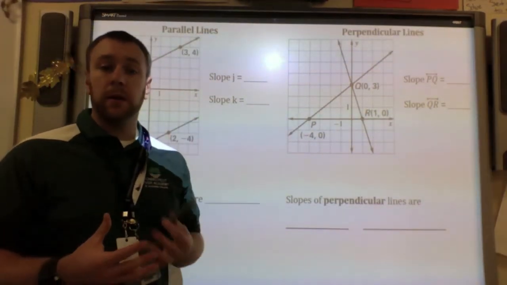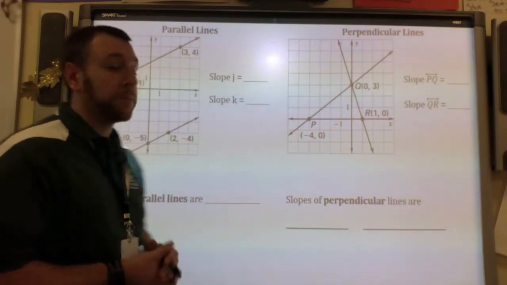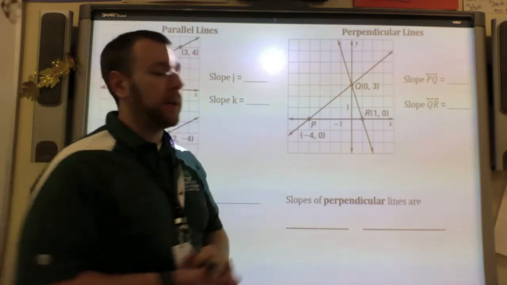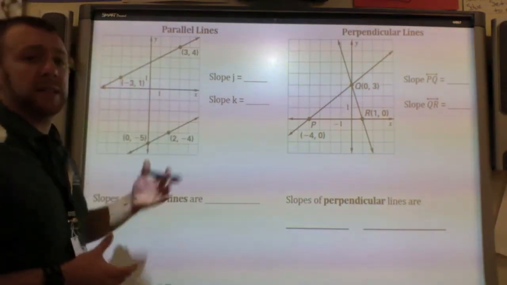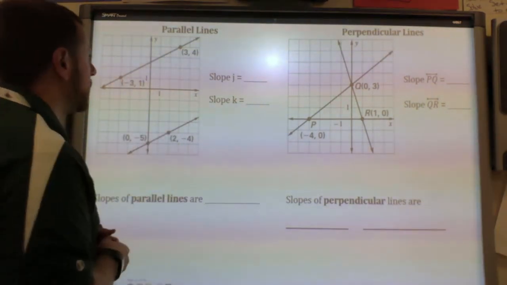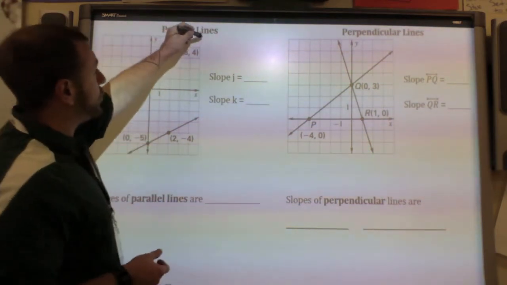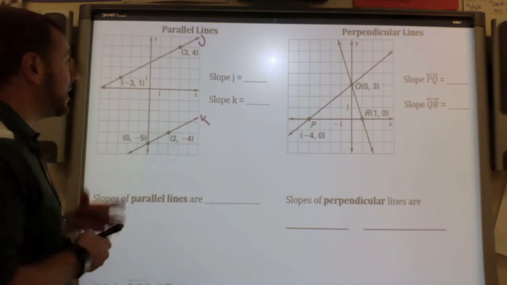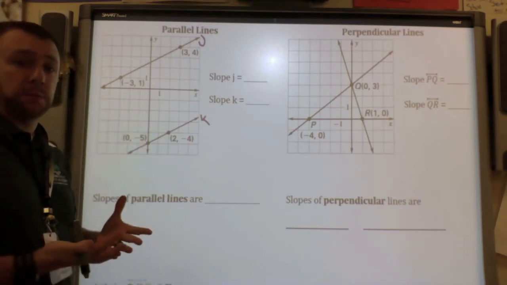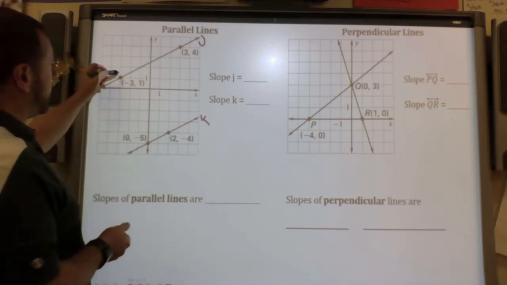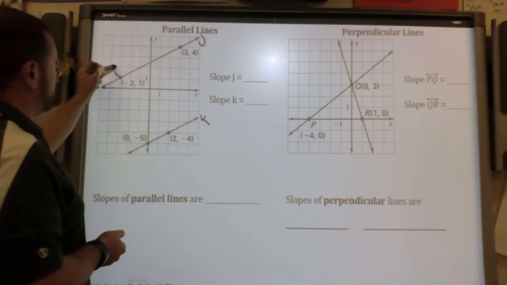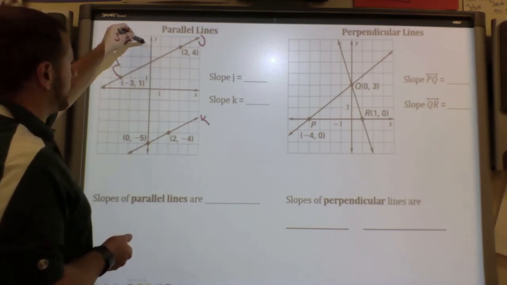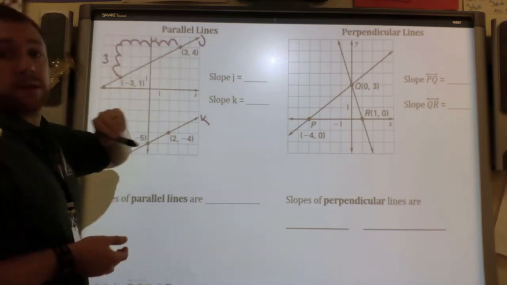So the big part of this video is the slopes of parallel and perpendicular lines. Okay? So parallel lines are lines that are never going to touch. So this line J here and this line K, I'm just going to label that. And all I'm going to do is find the slope of each one of those. So J, I'm going to go from this point, 1, 2, 3, up 3, over 1, 2, 3, 4, 5, 6. Okay?